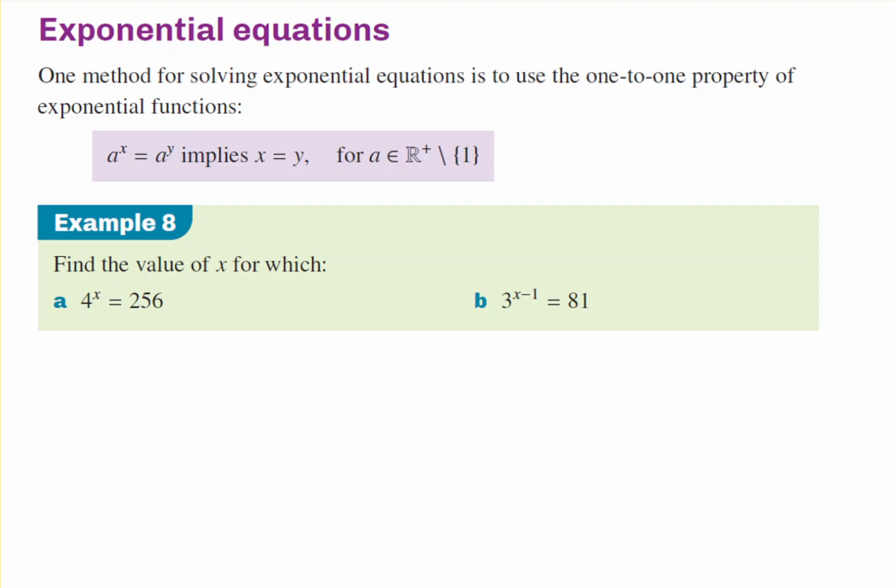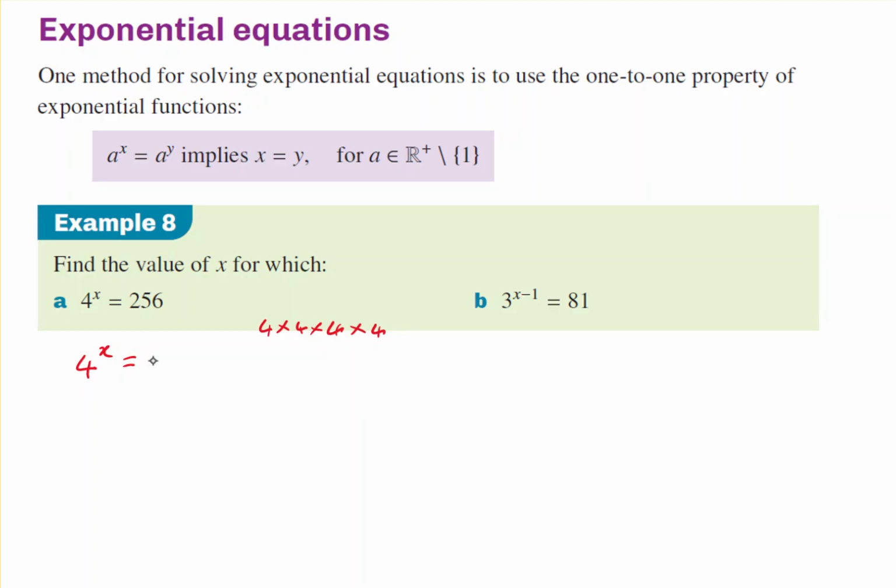Find the value of x for which 4 to the x is equal to 256. All we're trying to do is get the bases to be equal. 256 is a power of 4: 4 times 4 is 16, times 4 is 64, times 4 is 256.